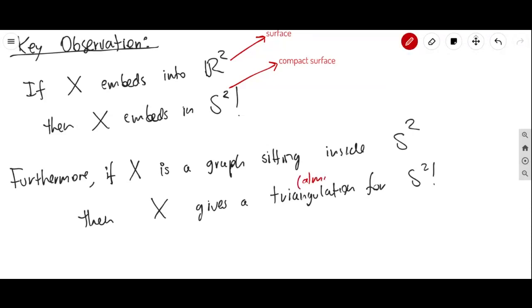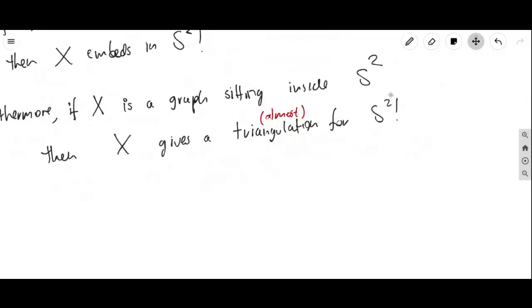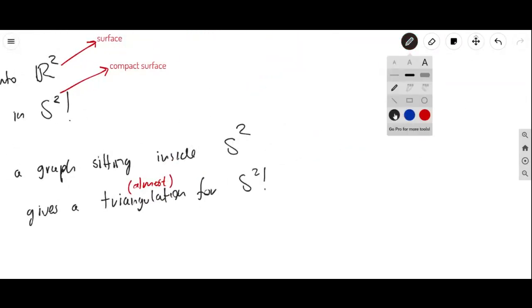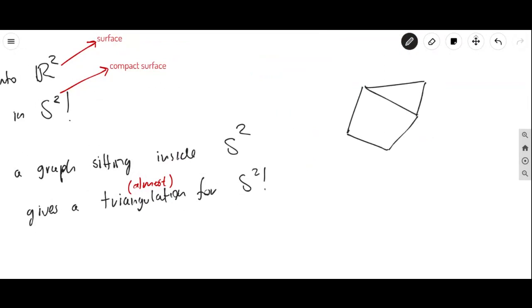Well, almost. Because technically the definition of a triangulation is that we want to make sure that everything looks like a triangle. But if it's not a triangle, so we've made this comment before, you would not call this a triangulation, but you could make it a triangulation by taking this quadrilateral and cutting it up one more time. So you have to introduce one extra edge. And now you have triangles.